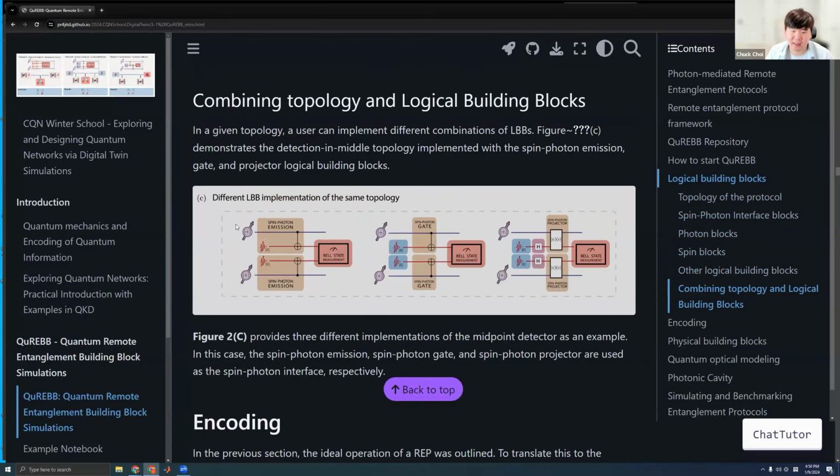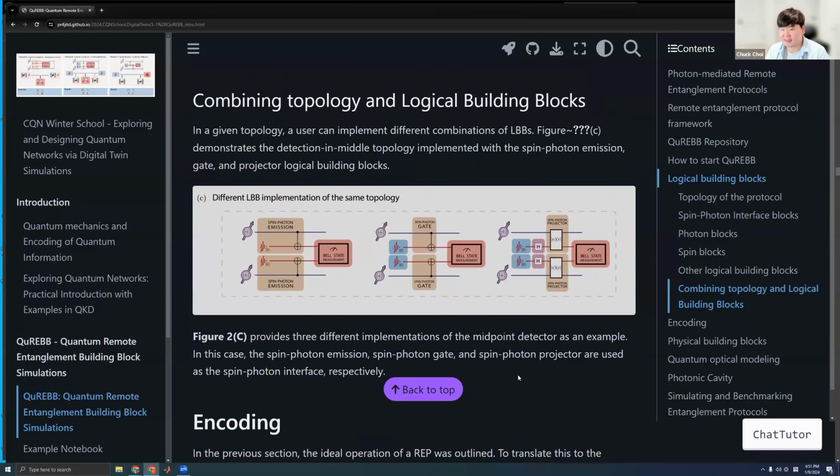So for example, in the first protocol, the midpoint detection protocol, we can replace the two CNOT gates by the spin photon emission block as shown here, or we can implement the sender receiver or linear topology with the spin photon gate here, or we can implement the source in the midpoint protocols with the spin photon projector as is shown here.